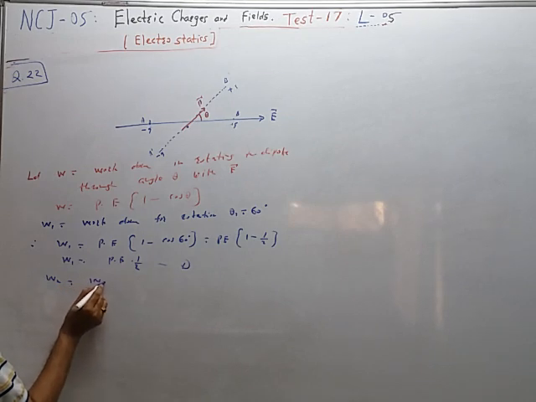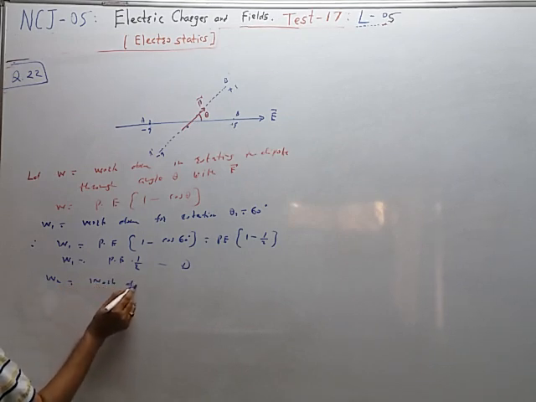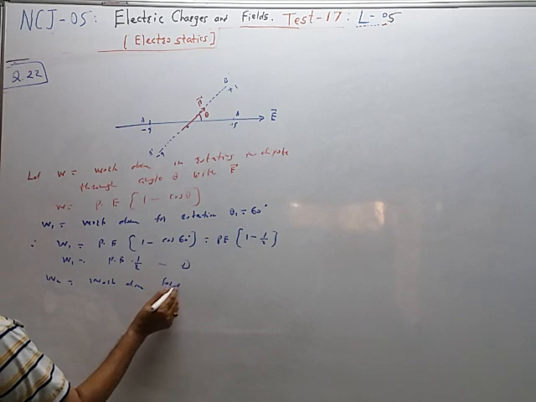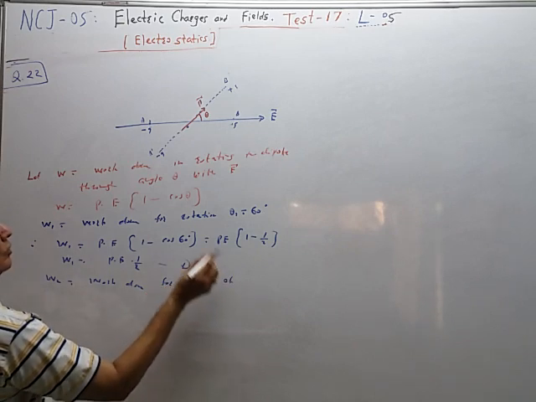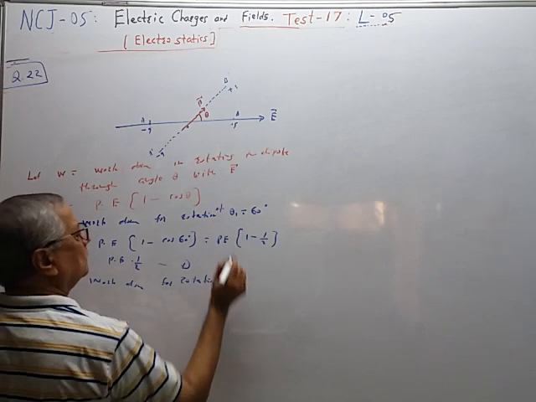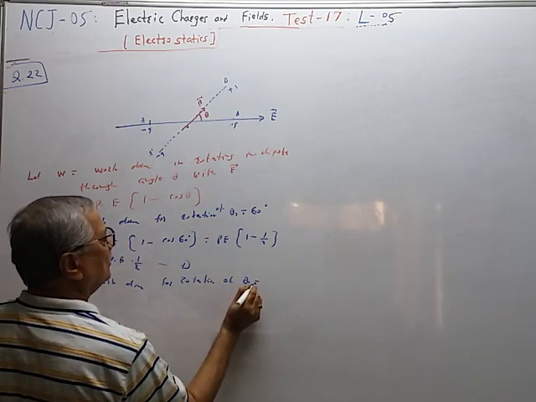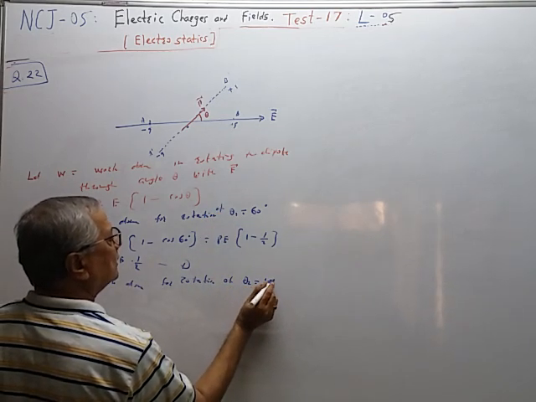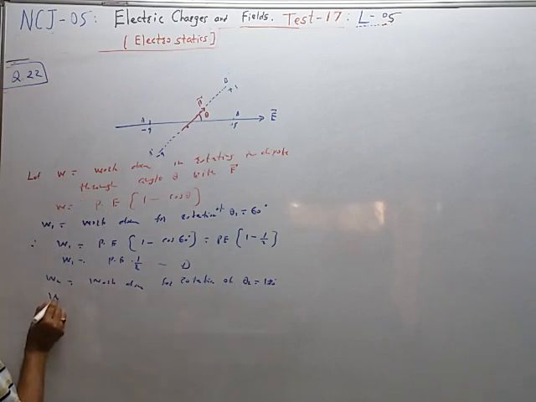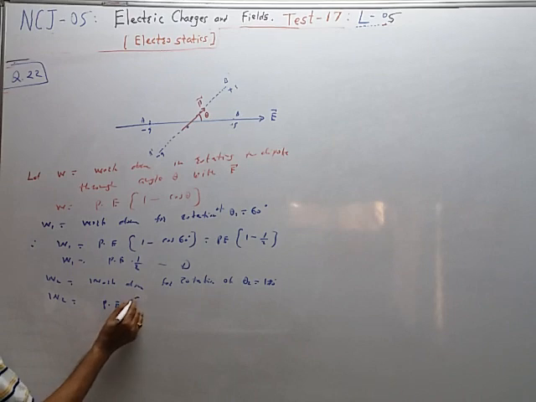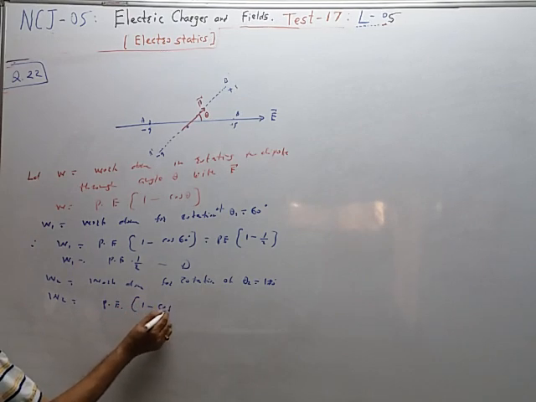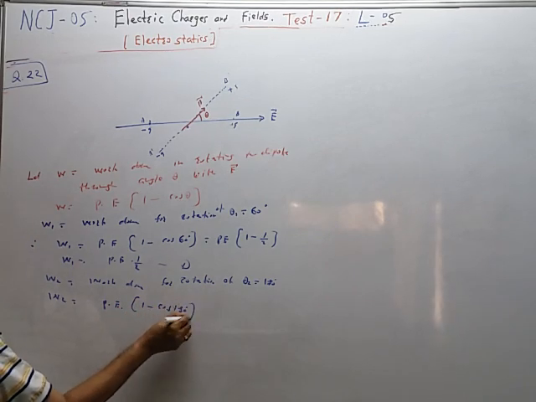W2 is equal to work done for rotation of theta 2 is equal to 180 degree. Therefore, W2 is equal to P into E into bracket 1 minus cos of 180 degree.